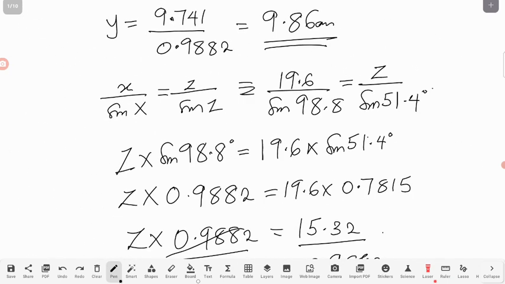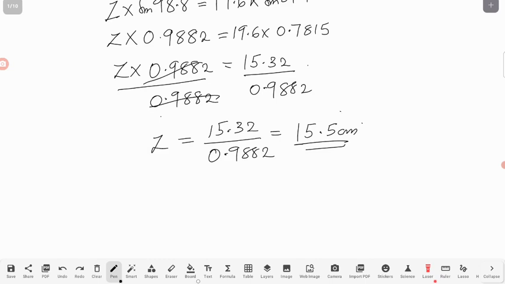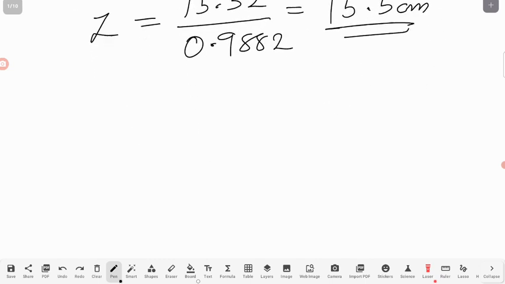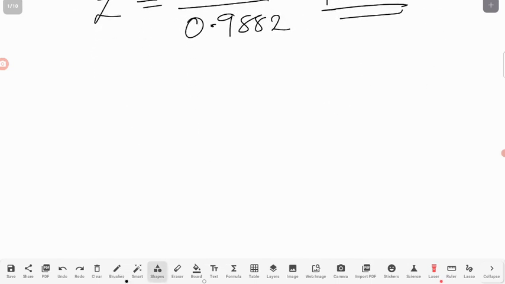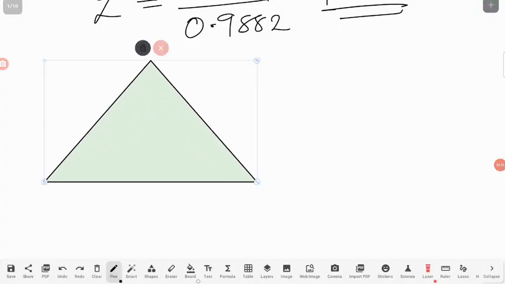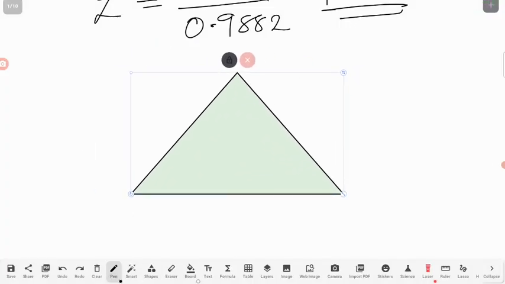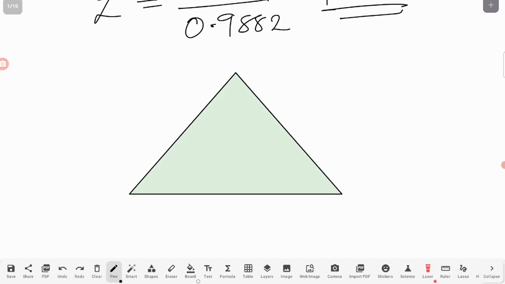I will also want you to solve this completely. Let's have B here, let's have A here, and let's have C. You have ABC.